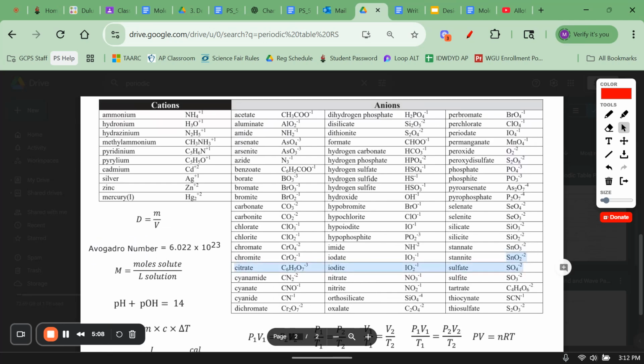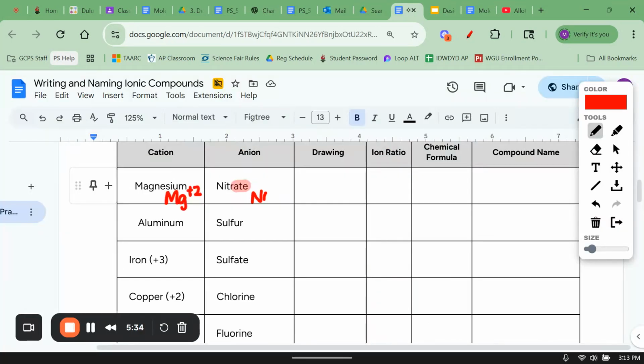We can see that this giant list of common ions is divided into cations versus anions. And then inside of that division, it is also listed alphabetically, meaning ABC order. So if I wanted to find nitrate really fast, it's in the anion column. So I'm going to look somewhere in here. And then I'm going to look for the N's. This is nitrate. Its formula is NO3 -1. So I'm going to write that in now.